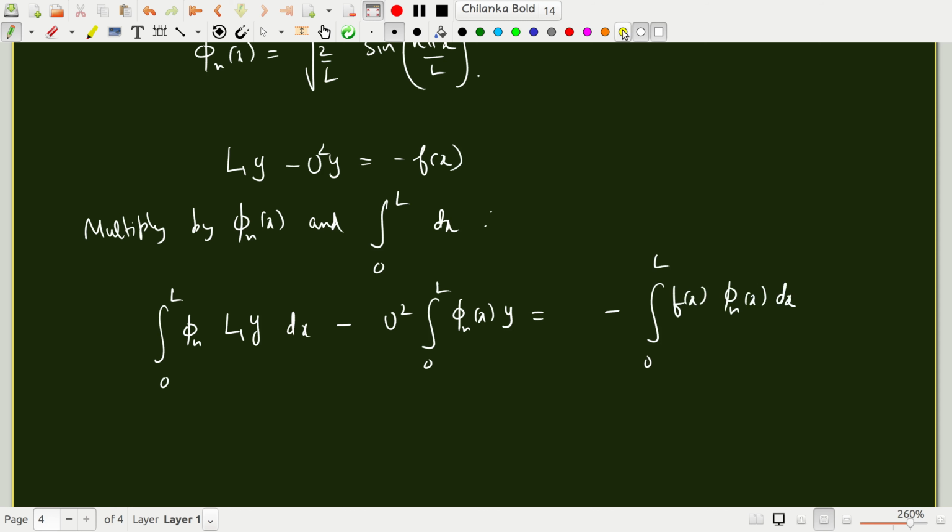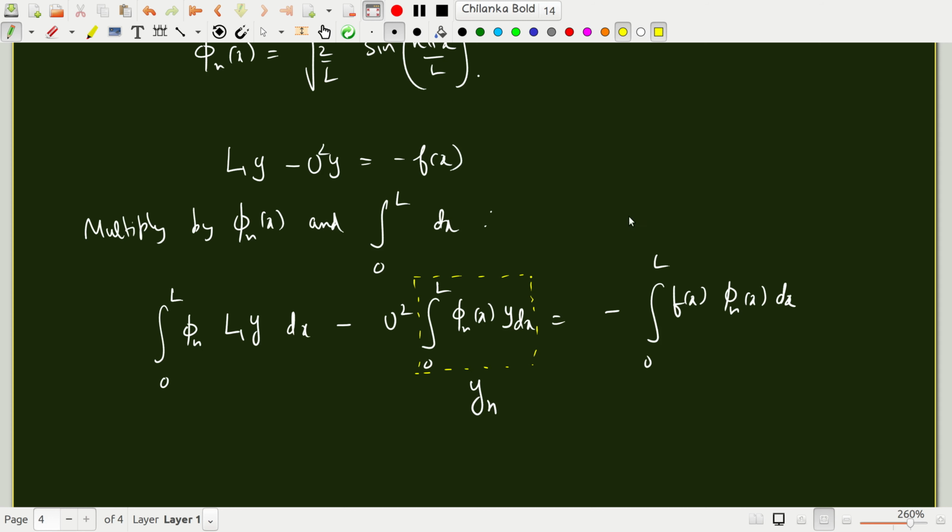Now by definition, what is this? This is a function and you are multiplying it by phi and integrating. Of course there is dx all around, in case I forget, please add them. What is this term? This is nothing but, if you were to expand the function y of x in terms of phi n, it will have coefficients of expansion yn.